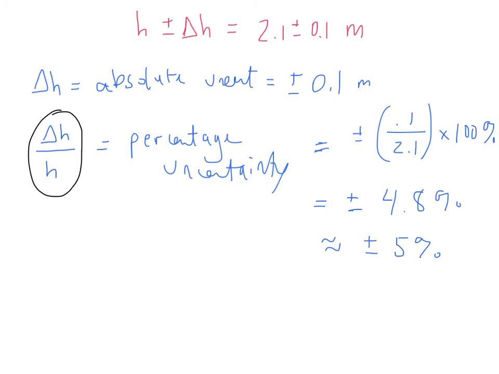We use these two types of uncertainties when explaining and describing uncertainty. The reason we need both is that when we get into the rules for propagating uncertainty later on, sometimes the rule requires that we work with the absolute uncertainty. For example, sometimes you have to add absolute uncertainties, but in other scenarios we propagate uncertainty by working with percentage uncertainties. For example, we might add the percentage uncertainties in two values.